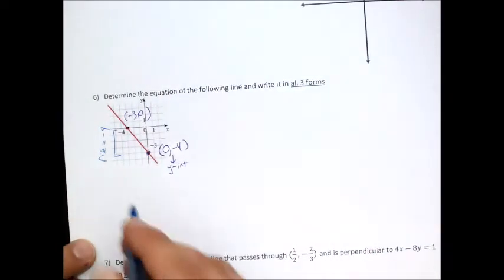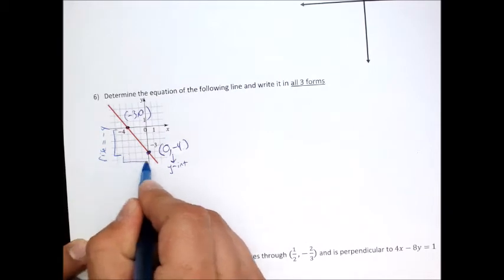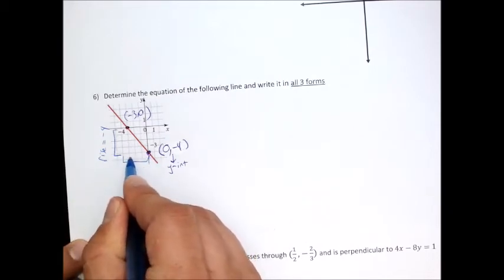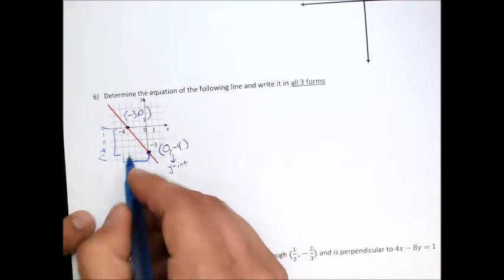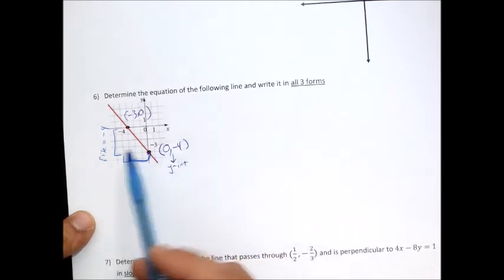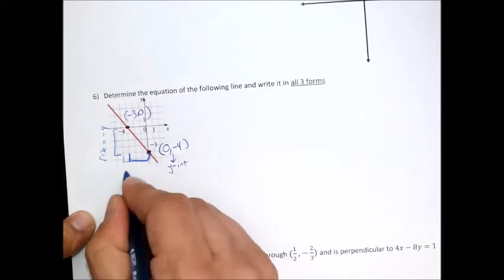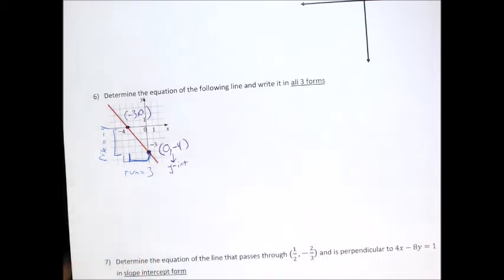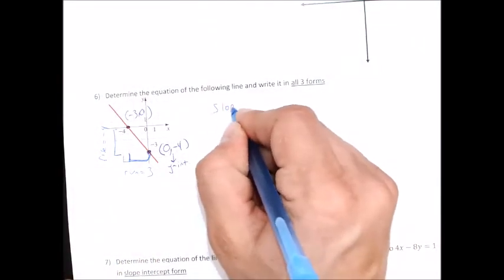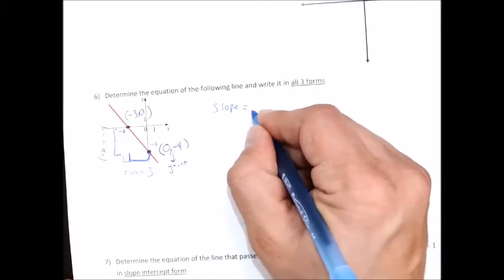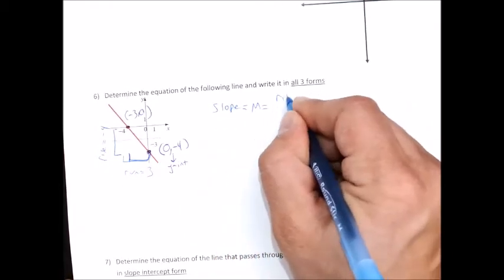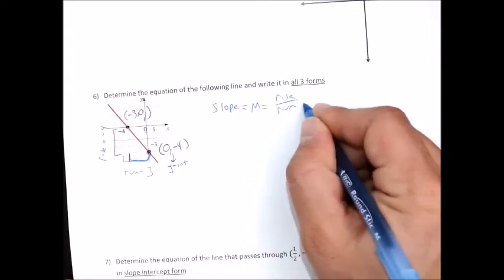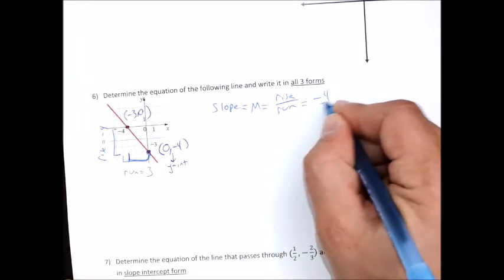And then the run is from right here to right there. That's a distance of 1, 2, 3. And so the run is positive 3. And so the slope then, or the m value, is the rise over the run, which is minus 4 over 3.